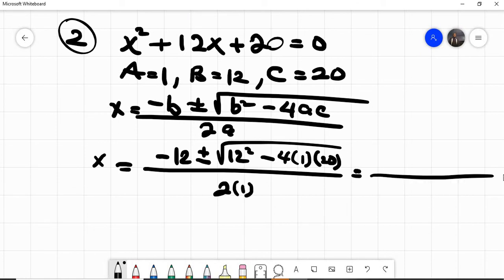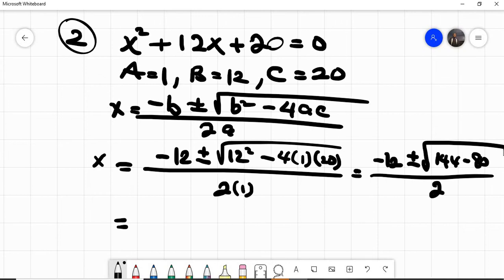This one equals minus 12 plus or minus square root of 12 squared, which is 144, minus 80, divided by 2.